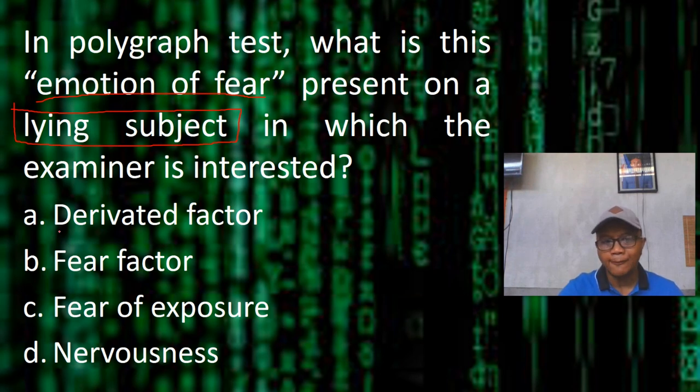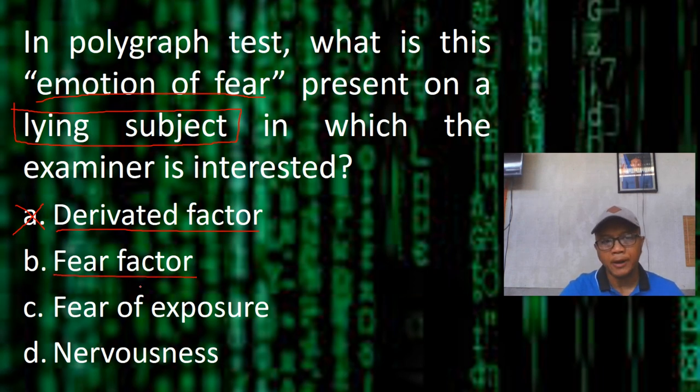Okay, let us consider letter A. Do we encounter the derivated factor in polygraph? The answer is no. In fact, there is no such word as derivated. There is what we call derivative, but not derivated. What about fear factor?